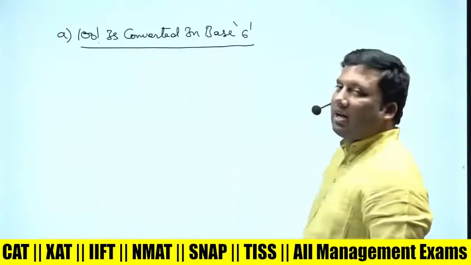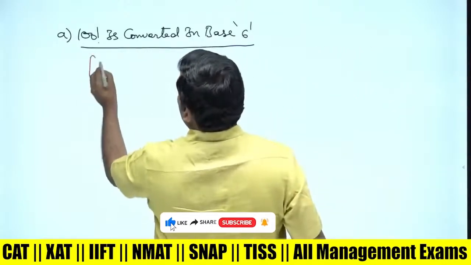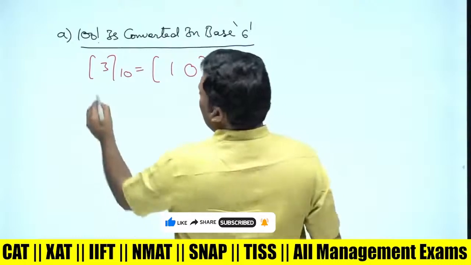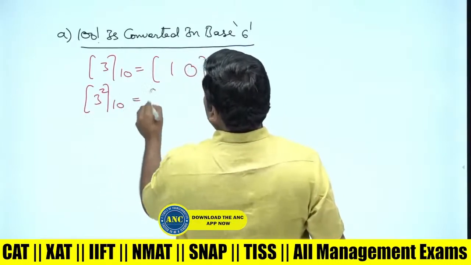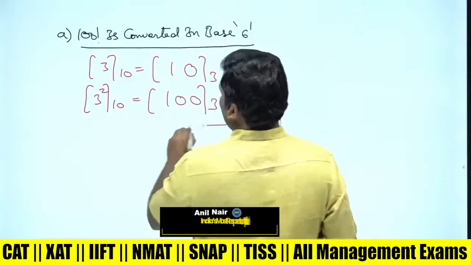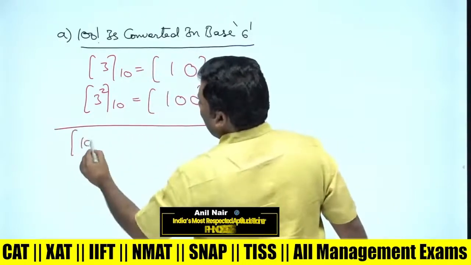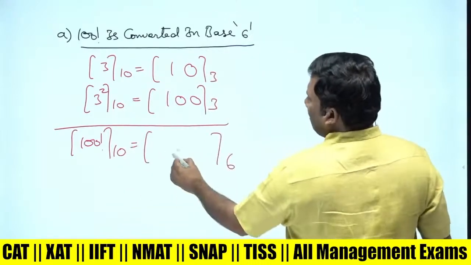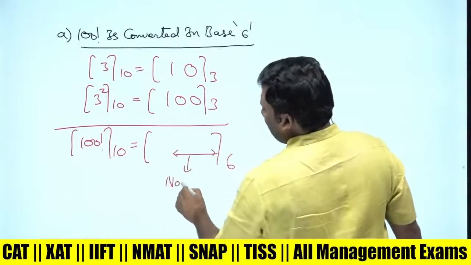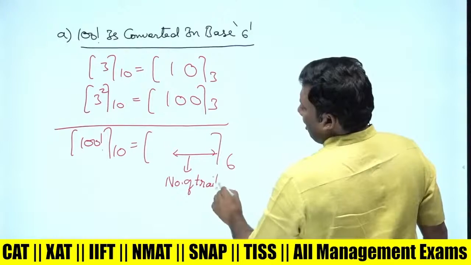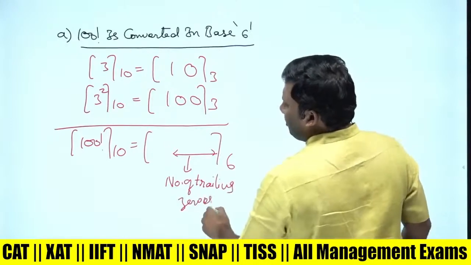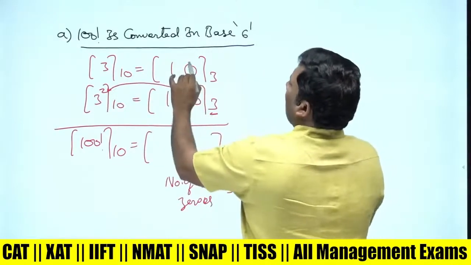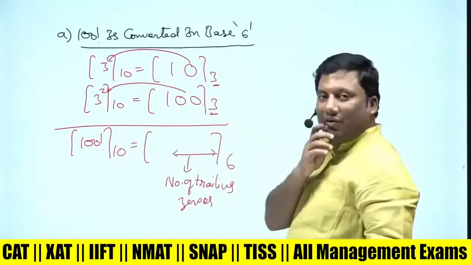100 factorial is converted into base system 6. 3 in base system 10, if I convert into base system 3, it is 1 0. 3 square in base system 10, if I convert into base system 3, it is 1 0 0. 100 factorial in base system 10, if I convert into base system 6, the number of zeros at the end is the power of the base.